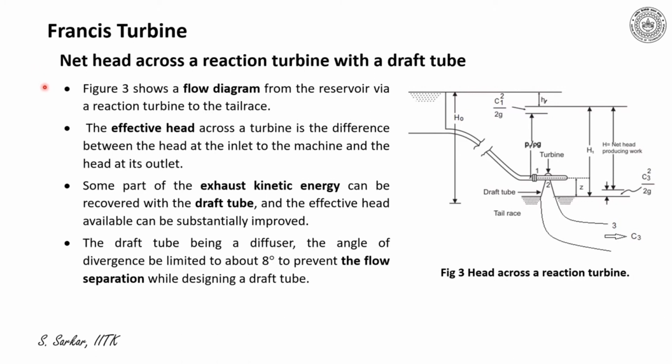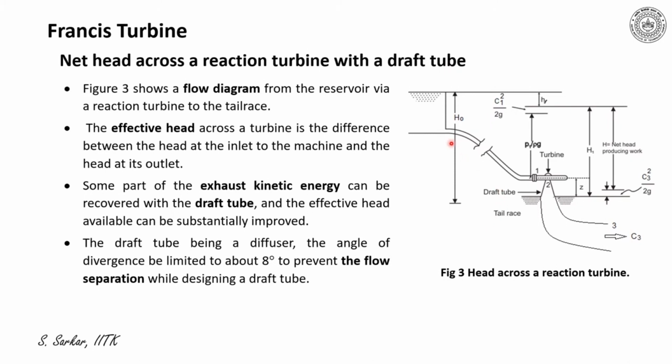Figure 3 shows a flow diagram from a reservoir via a reaction turbine to the tail race as indicated here. And this schematic would give us the idea of head across a reaction turbine.